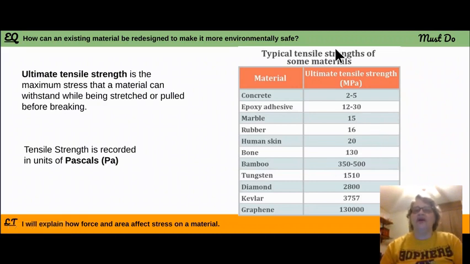So if we look over here, we have some typical tensile strengths of materials, and it's recorded in millions of pascals. Concrete has 2 to 5 million pascals, so 2 to 5 million newtons per meter squared, per square meter.